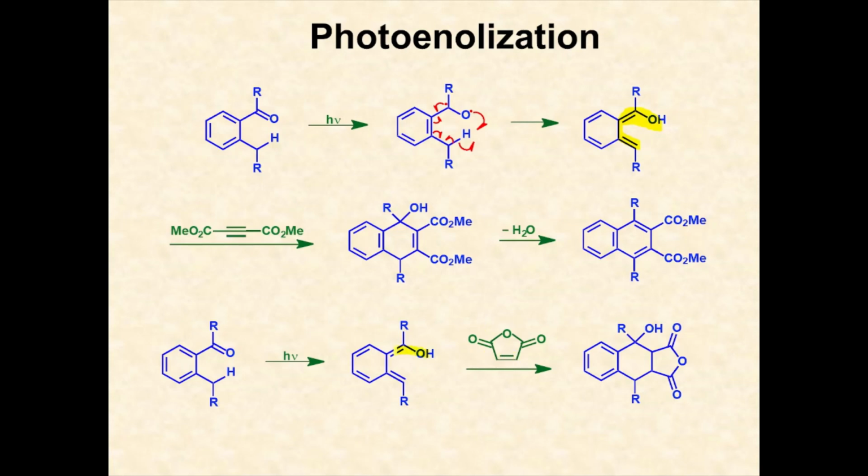So this diene system with the enol also reacts with this dienophile, the maleic anhydride, and will end up with this tricyclic ring structure, and this kind of complex molecule is also possible to obtain by means of photoenolization reactions.